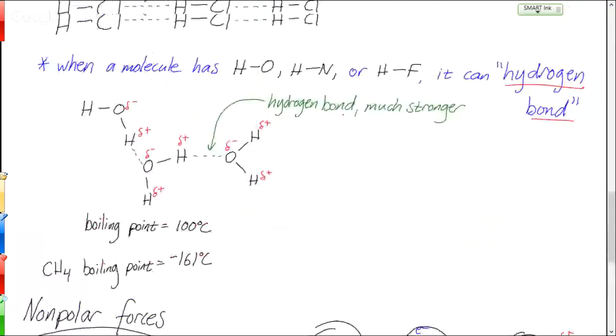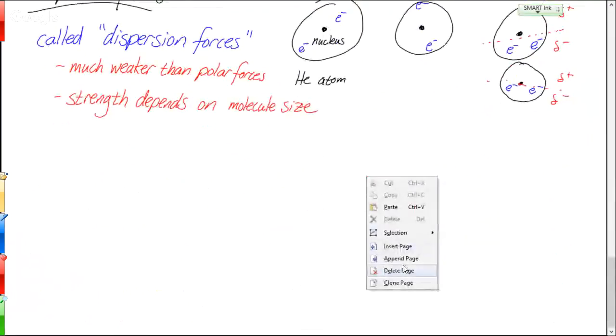All right, so those are the main types of forces that we're going to worry about. Let's talk about using them to judge or predict chemical properties. So we're going to look at boiling points, and we're going to look at solubilities. Let's look at judging relative boiling points.